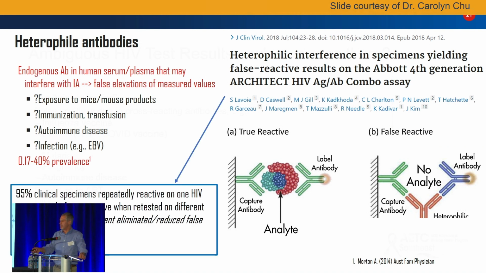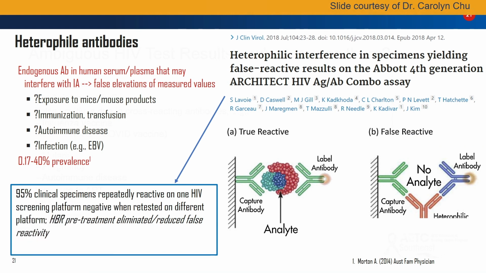And the next thing I'm going to tell you is probably one of the most important things for you to take away from this presentation, which is that 95% of specimens that are repeatedly reactive on one screening platform will end up being negative when retested on a different platform. So remember when I gave you that slide that showed the big instrument, we talked about instrumented versus point of care testing, right?